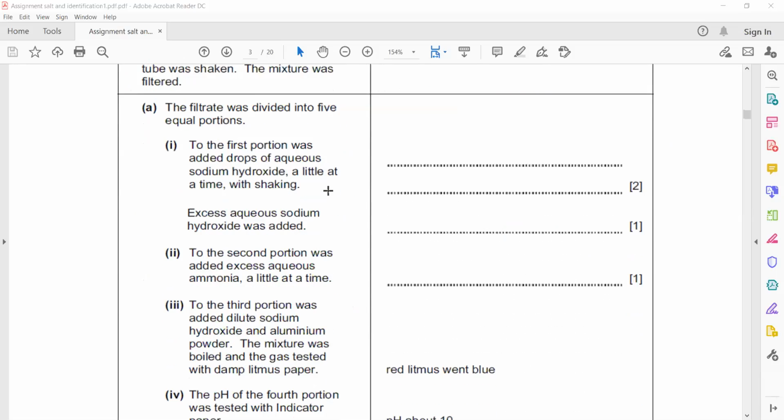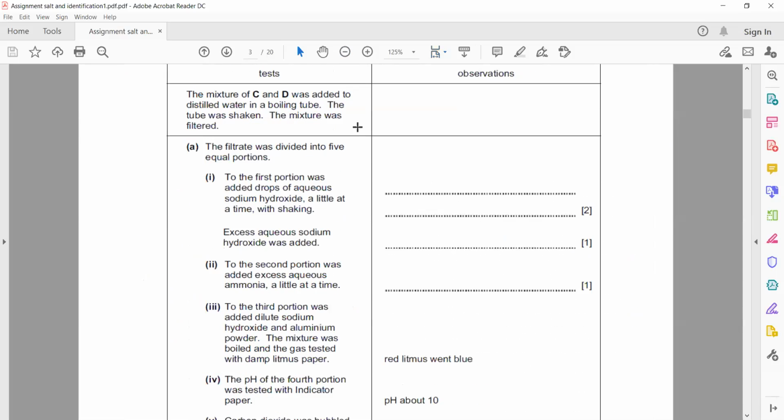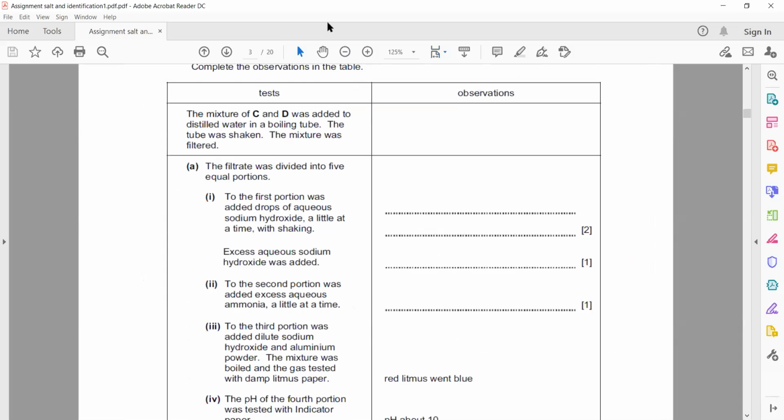Now the question is, to the first portion you add sodium hydroxide a little at a time. If I add a small amount, 5 drops, of sodium hydroxide, and I know this is compound D, and compound D contains calcium, what is the observation?